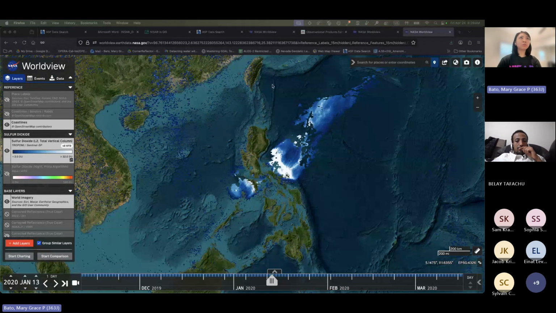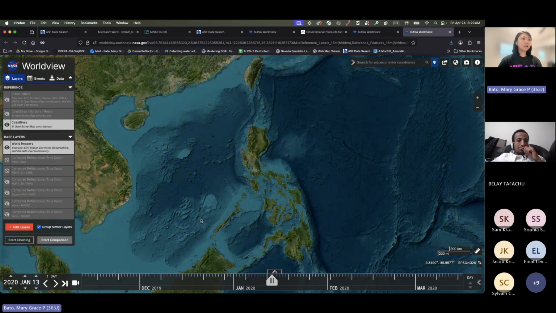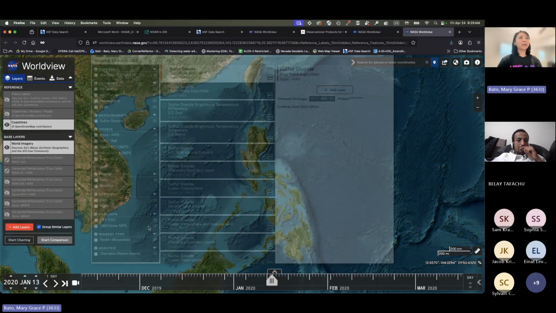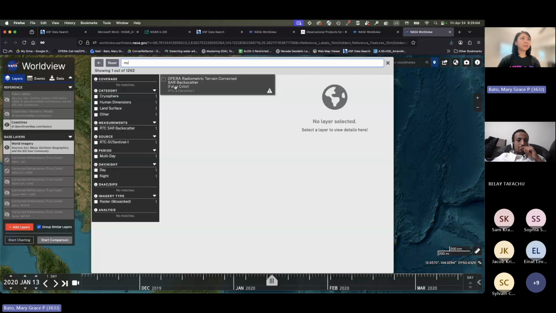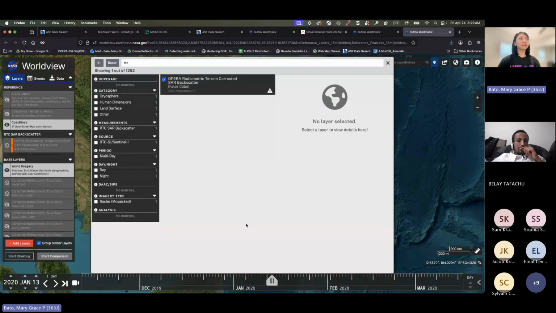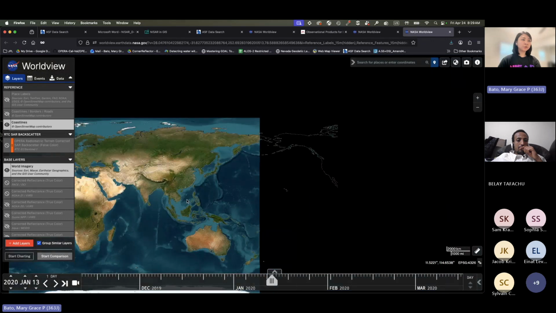Again, I'm going to go to Worldview and remove these data sets, for example, and instead add RTC. So if I get RTC data here, okay, it was added.